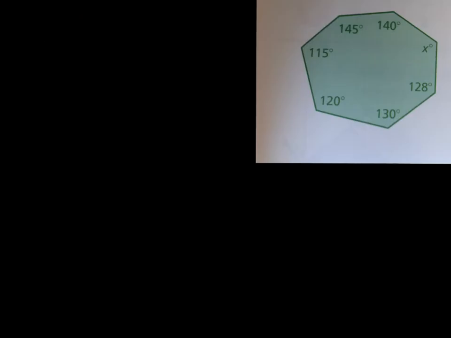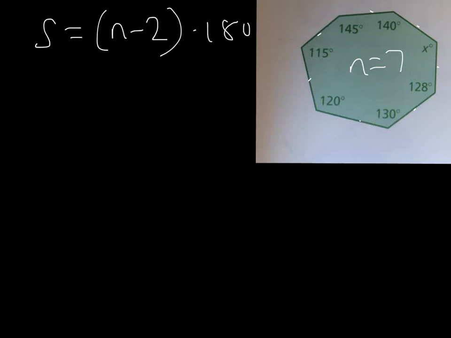So let's look at another example. Here we have this polygon, and we need to find x, right? Well, first we need to know what the sum of all the angles has to be. So if we count up the sides, we have 1, 2, 3, 4, 5, 6, 7. So n equals 7 in this case, right? N represents the number of sides. So we have our formula. Sum of the interior angles equals n minus 2 times 180.